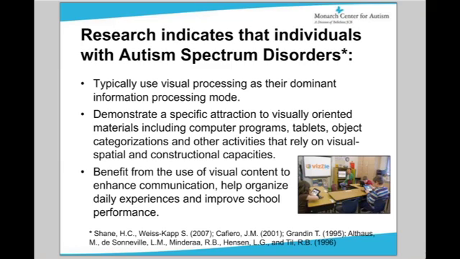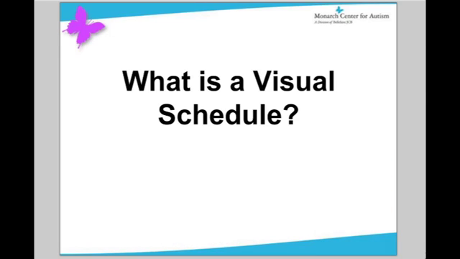They demonstrate a specific attraction to visual-oriented material. So we see individuals who are attracted to screen media, computer programs, tablets, and they benefit from the use of visual content to enhance their communication, organize their daily activities, and improve overall academic performance.